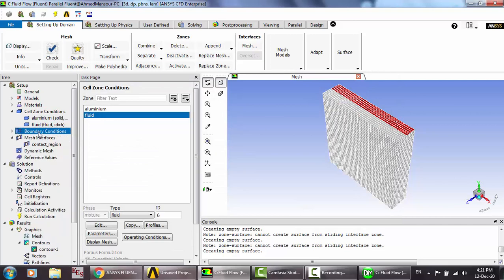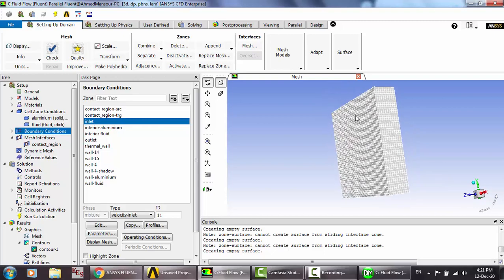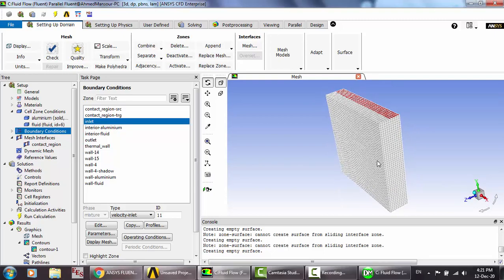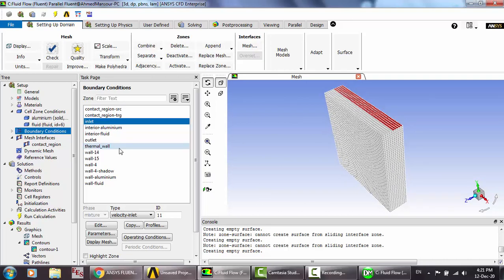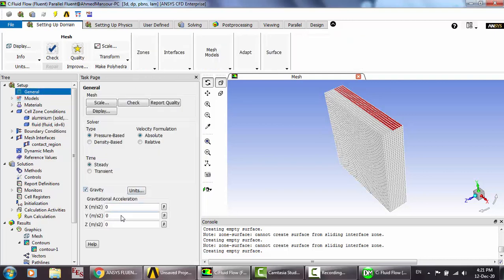Okay, for the boundary conditions, we have inlet and outlet. I have the inlet at the bottom, and the outlet, this face is the outlet of the air. But before we do that, we have to put the gravity in the negative y direction. Okay, it's negative y direction.